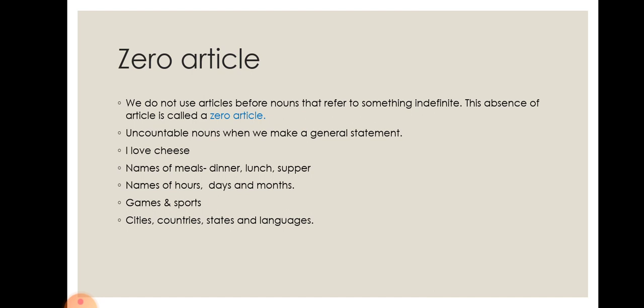So it's in a general usage that we say usually I have my dinner at 8 o'clock. It's something that happens in regular terms. Then lunch, supper. Along with those words, we use zero article, that is no article. Then names of days and months, that is April, March, first week of April, the last week of March.